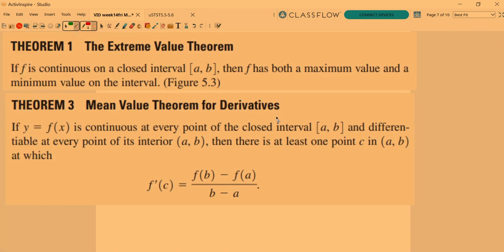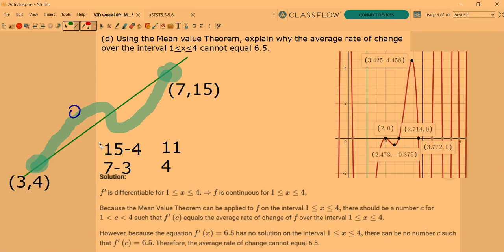For the mean value theorem, the function must be continuous and differentiable. It is continuous because you can draw it without lifting your pencil, and it is differentiable because there are no corners or cusps or discontinuous parts, which would make it undifferentiable. So it meets those two requirements.